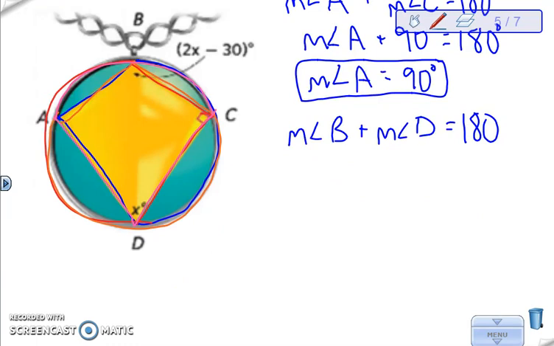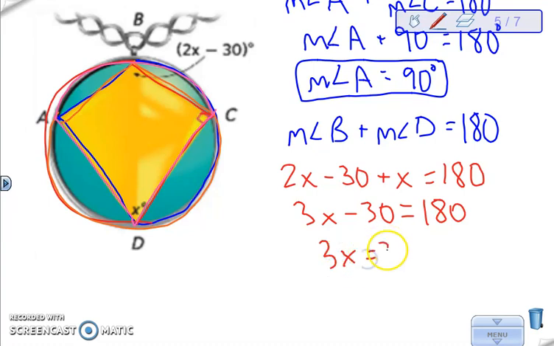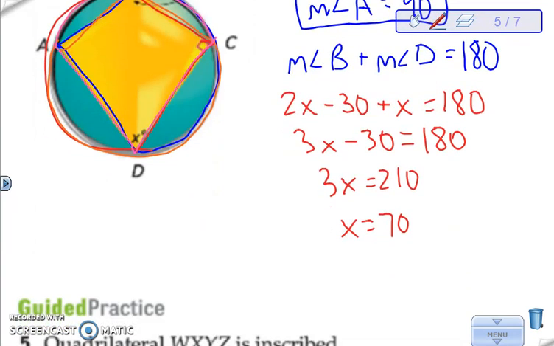And now we solve. And since we wanted the value of angle B, plug it back in.